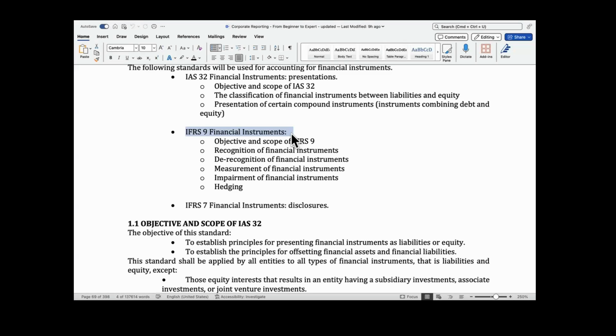In this standard, we'll look at recognition of financial instruments, measurements, then impairments. It also looks at hedging, but I'm not teaching you hedging here. And we're not going to look at financial instrument disclosures, but the standard that exists.